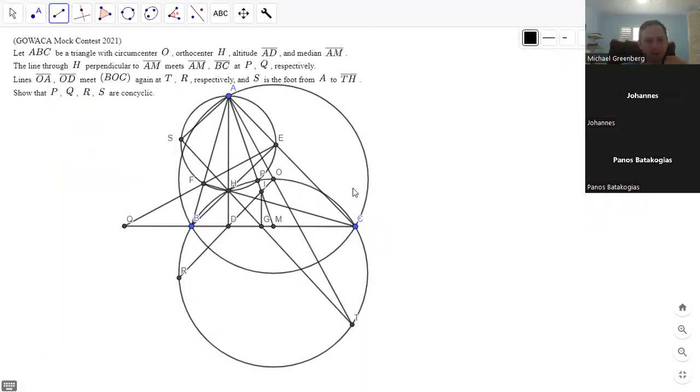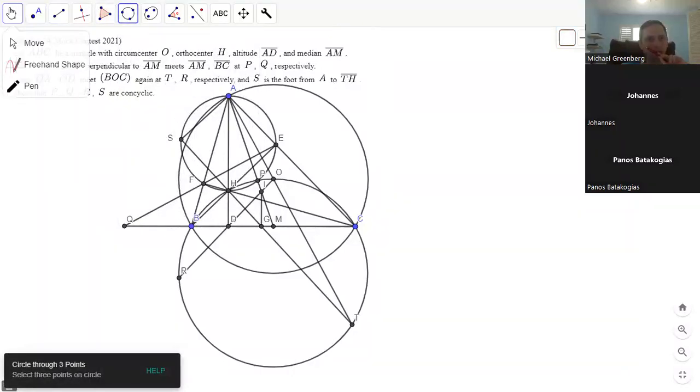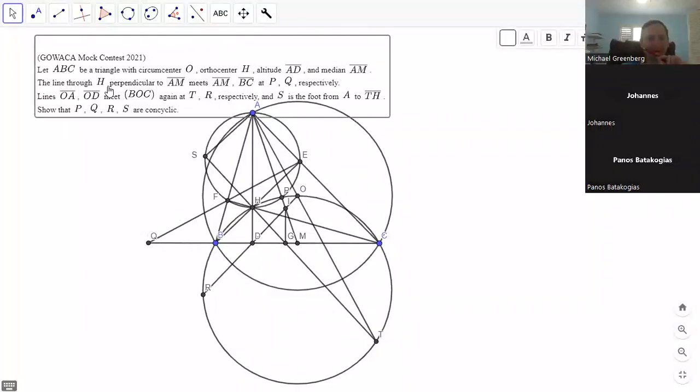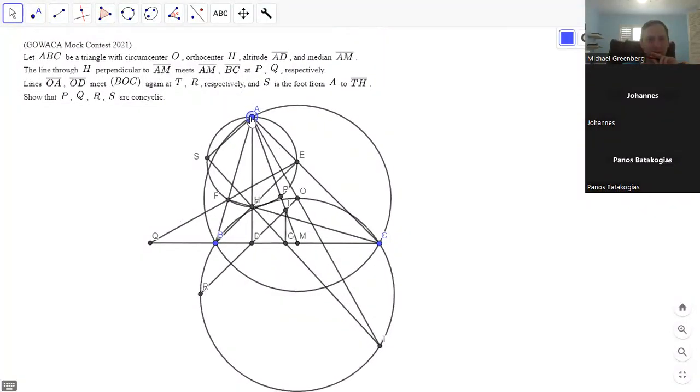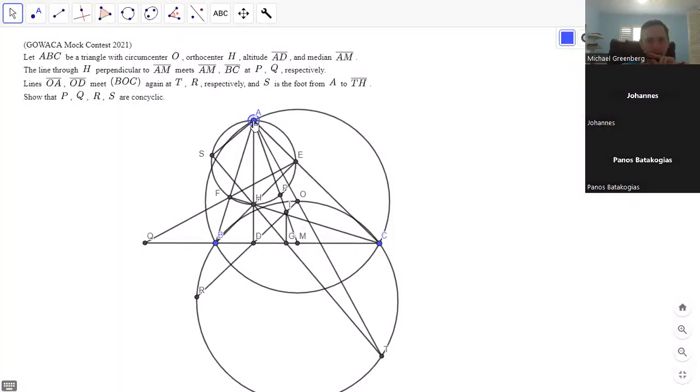Interesting. So the circle we want to show is the one with diameter QI. But I can't prove any of this. That's pretty interesting though. There's diameter QI.